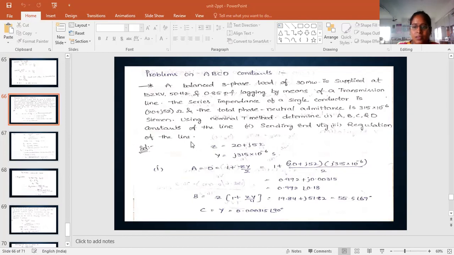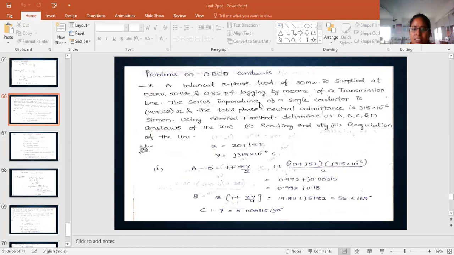In this problem, the given data is first of all, it is a three-phase load, and 30 megawatts. The power value P equal to 30 megawatt is supplied at 132 kV, which is nothing but the voltage value. So the ES value is given here as 132, with 50 Hz frequency and 0.85 power factor lagging by means of the transmission line.